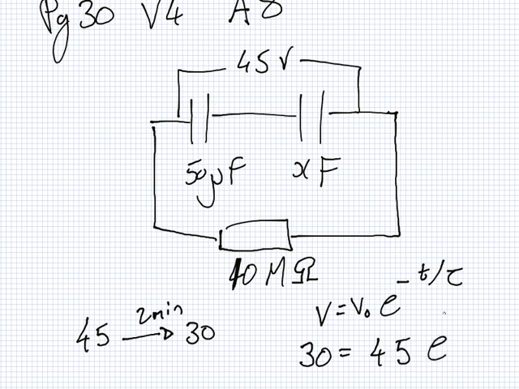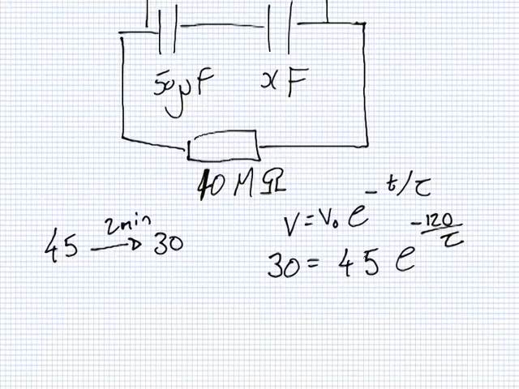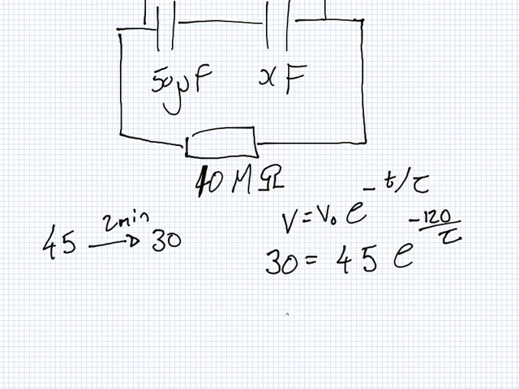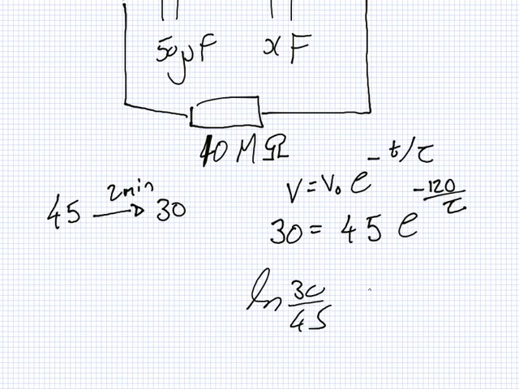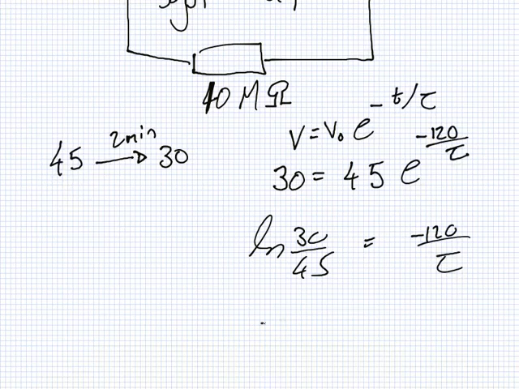The t is 120 seconds. So divide by 45, take the log, and that will equal minus 120 over tau. So tau will equal minus 120 over log of 30 over 45.